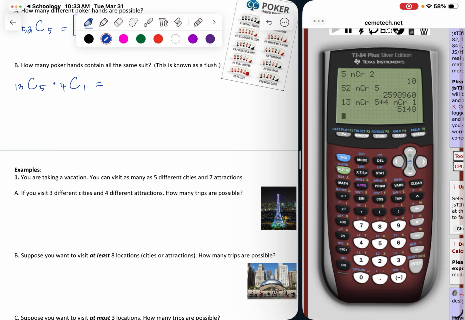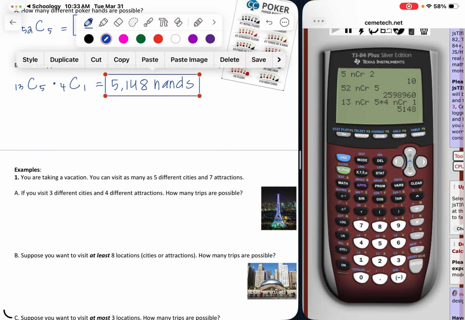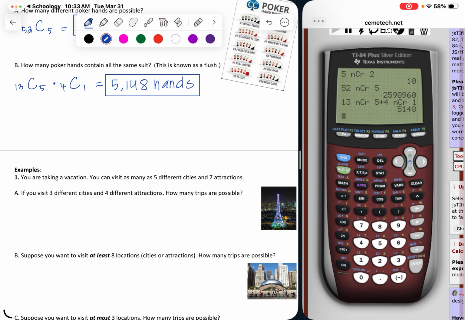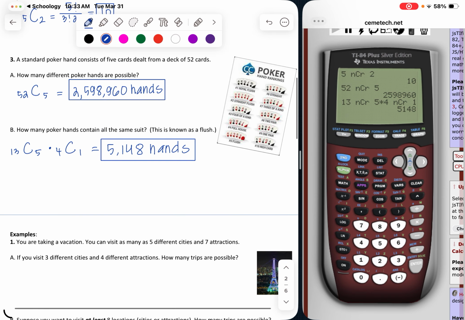Yep. 5,148 hands. That's how many poker hands that are flushes there are. So when you say, oh, wow, a flush, it's pretty easy to get. There's 5,148 different ways to get it, but that's out of 2.5 million different hands, right? So it's actually pretty rare to get one.